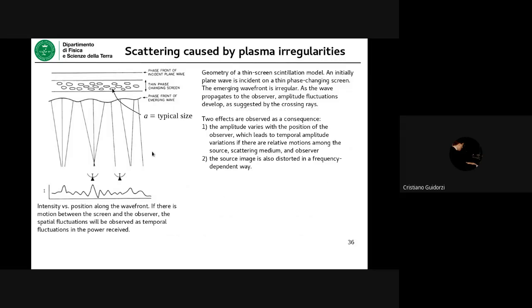This is just a comment on what I just said. Let's be more quantitative, and let's start from what we know very well by now, which is the refractive index n_r, not to be confused with n, which is, I remind you, the particle density. This is something we already saw repeatedly.